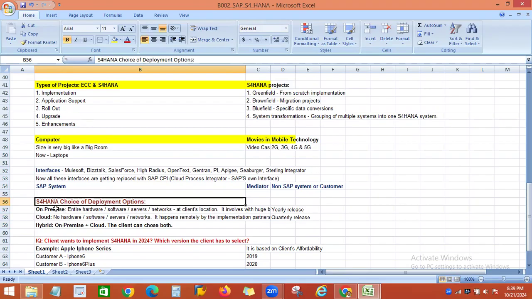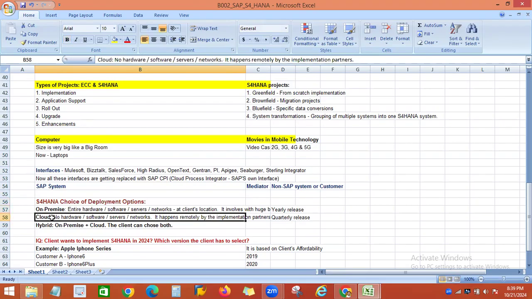We have on-premises, we have cloud, and we have hybrid. All these three options are available for deployment of SAP S/4HANA. However, in SAP ECC, we have only one option, that is nothing but on-premises.